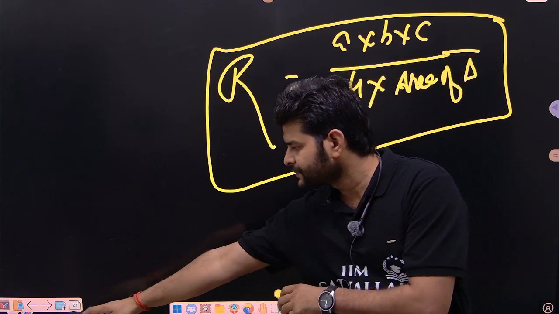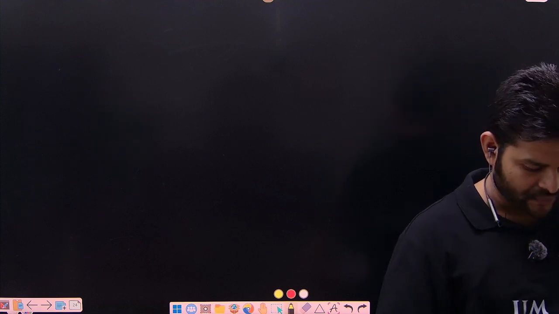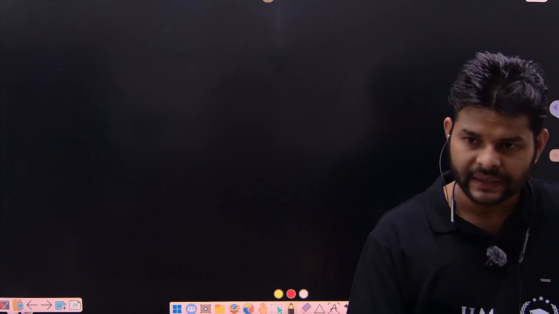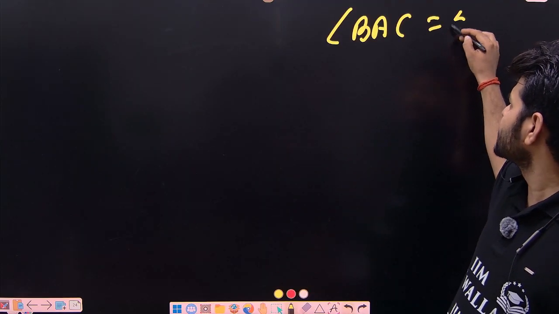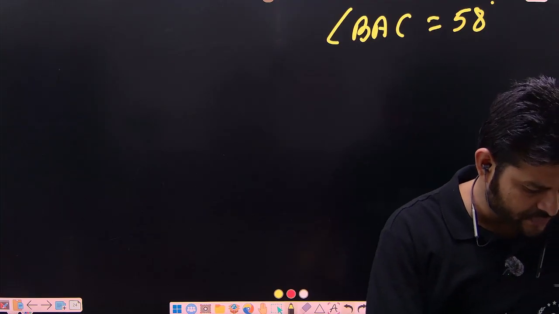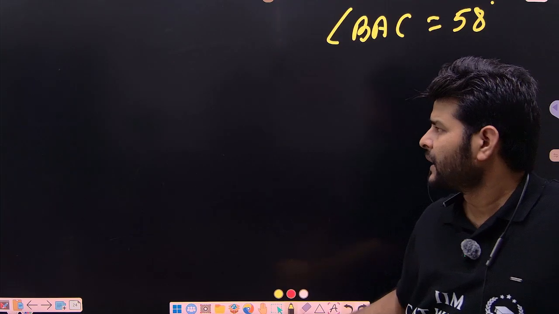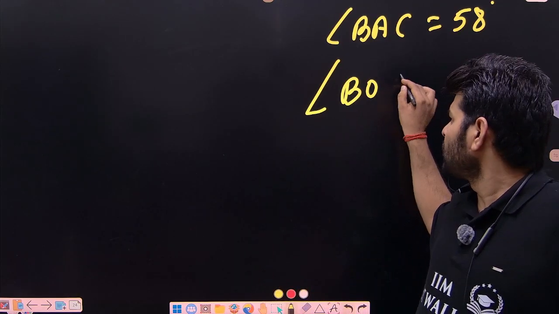So now the question is: if O is circumcenter of triangle ABC and angle BAC is equal to 58, sorry, angle BAC is equal to 58 degrees, then find the value of angle BOC.